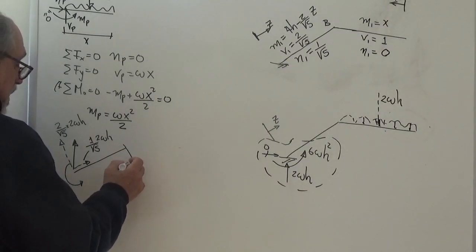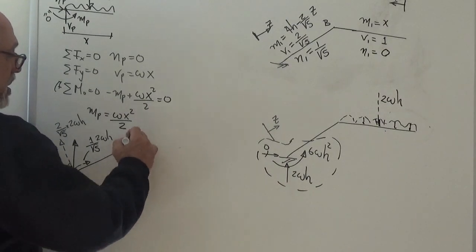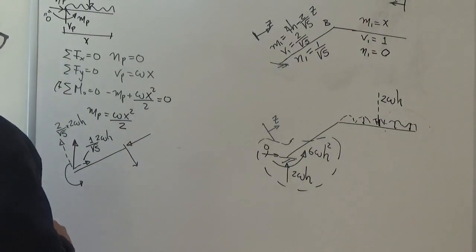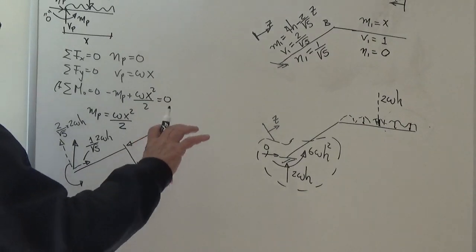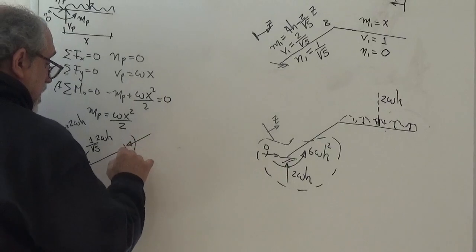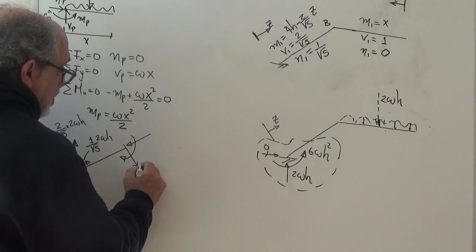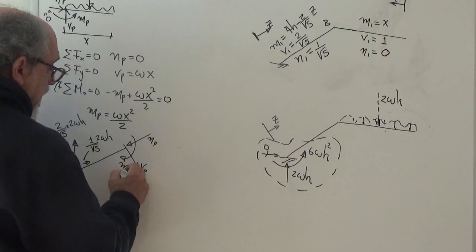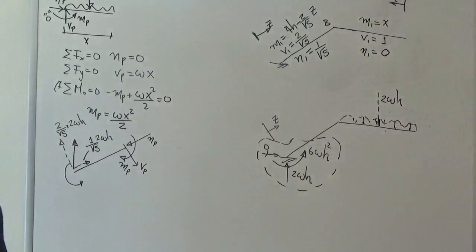Before, I believe we called this the shear, this the axial, and we used a clockwise moment to be positive, so this would be VP, NP, and MP. I'm going to double check myself, make sure I didn't change any sign convention. Yes, that's correct.